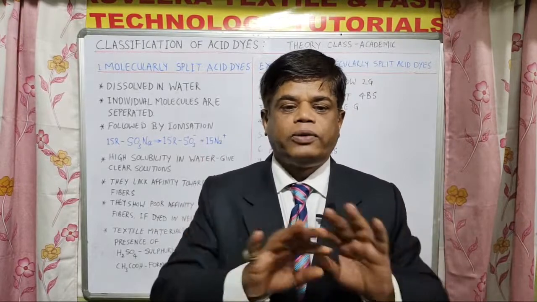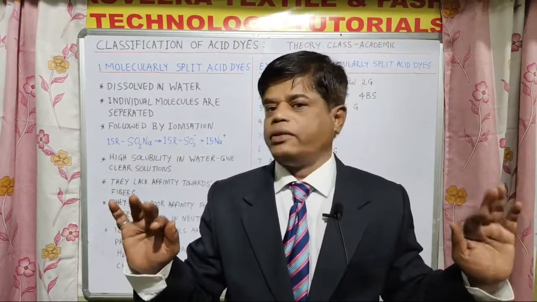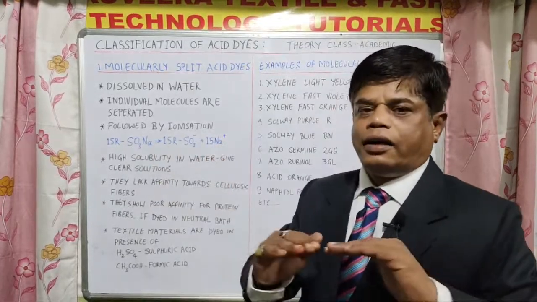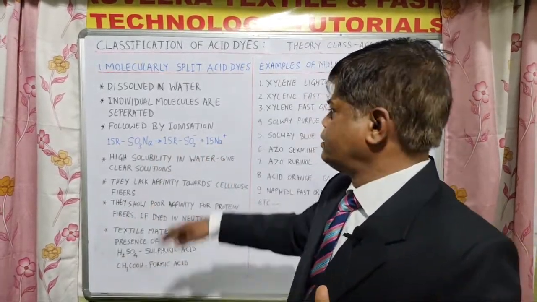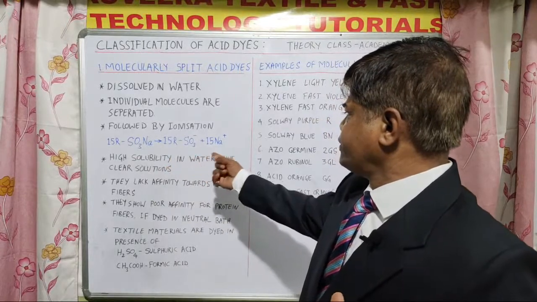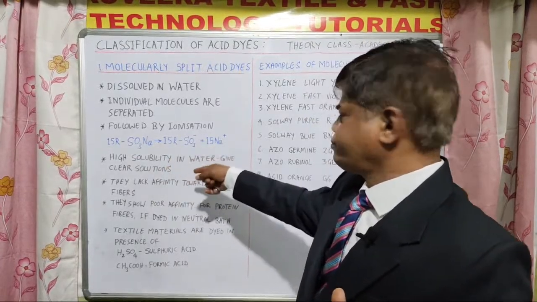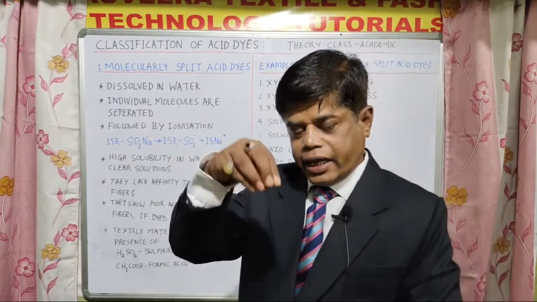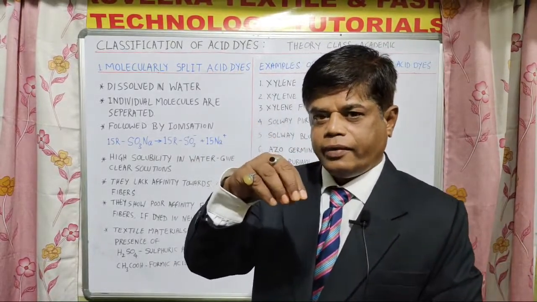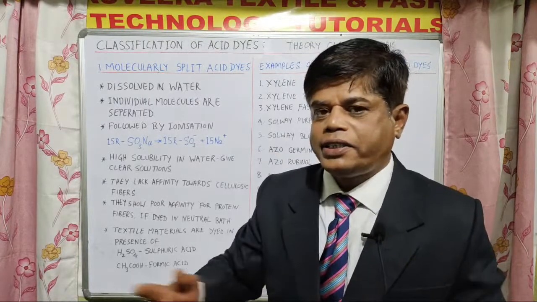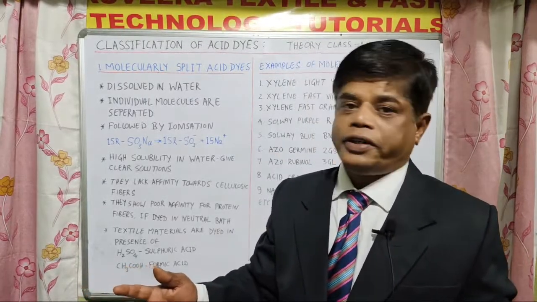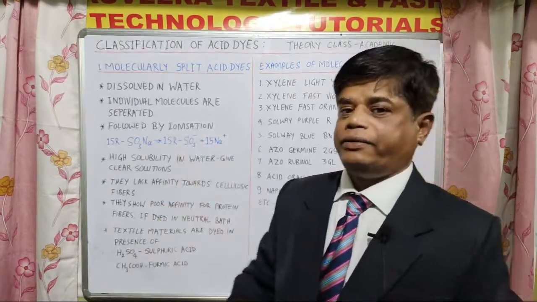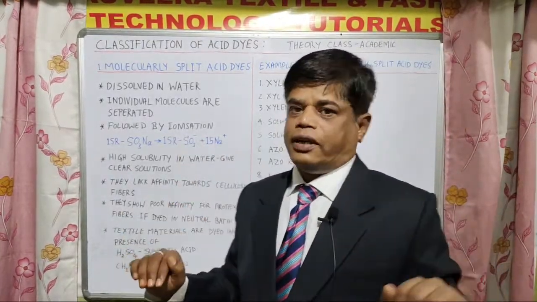Each and every molecule is separated, followed by ionization. When the dye is added in the water, ionization takes place. Ionization, you know from chemistry: anions and cations, positive ions and negative ions.